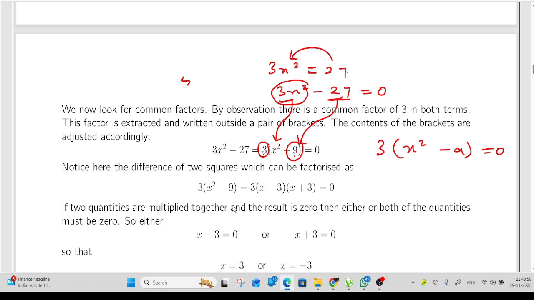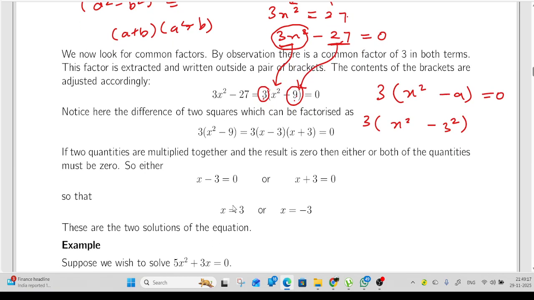Now we can use this identity, which is a square minus b square is equal to a plus b and a minus b. If you notice here, x square minus 9 can be written as x square minus 3 square, because 3 square is 9, right? Now we have 3 times x minus 3 and x plus 3.